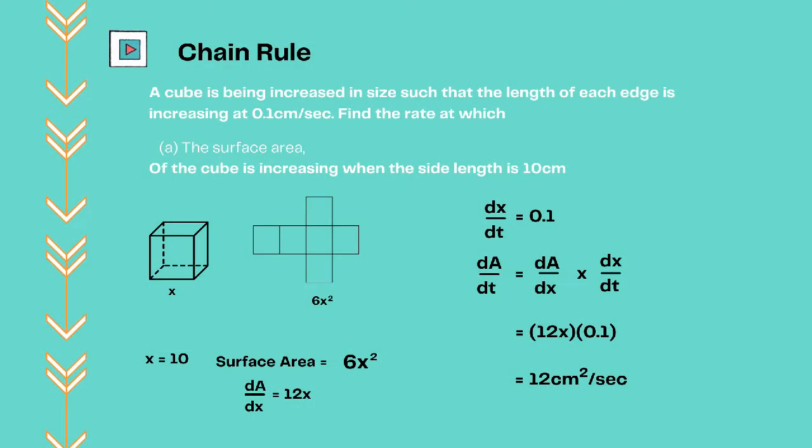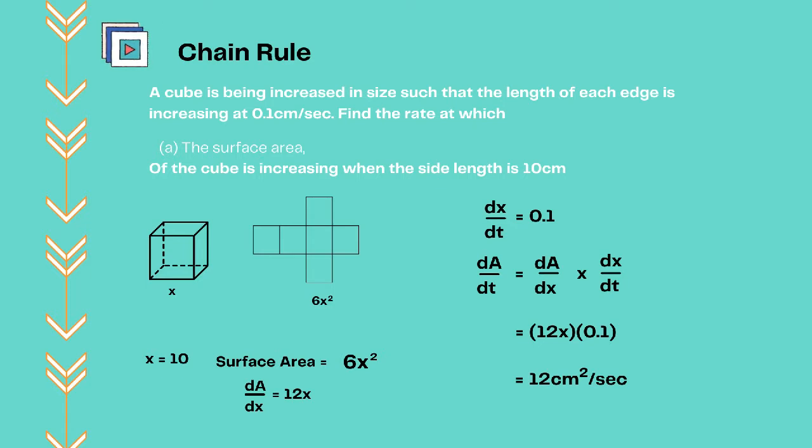For this question, we're going to use the chain rule method. For question 1a, we have been asked to find the rate of the surface area. First, we write dx over dt equals 0.1, and then write down the formula: dA over dt equals dA over dx multiplied by dx over dt.